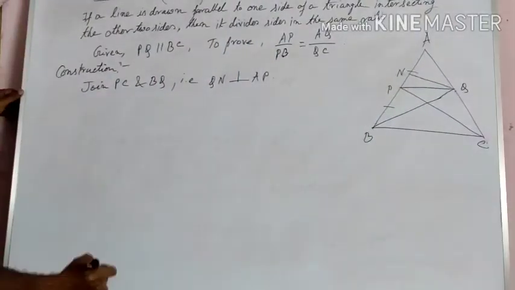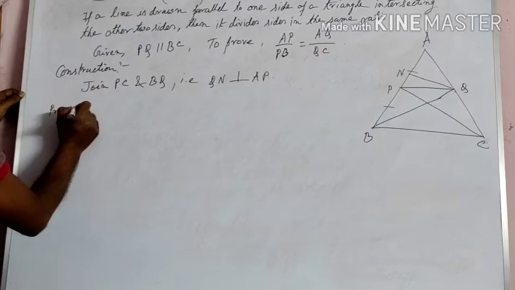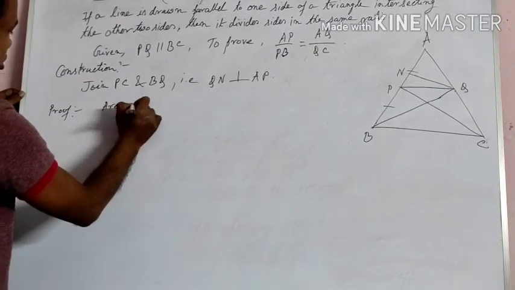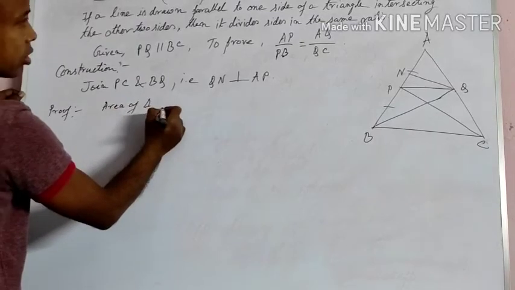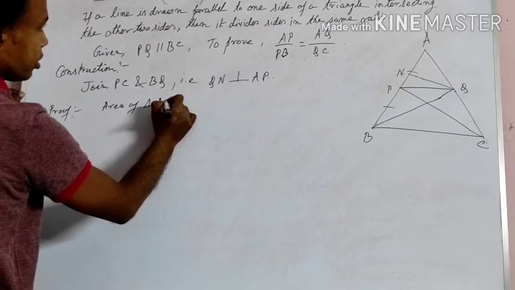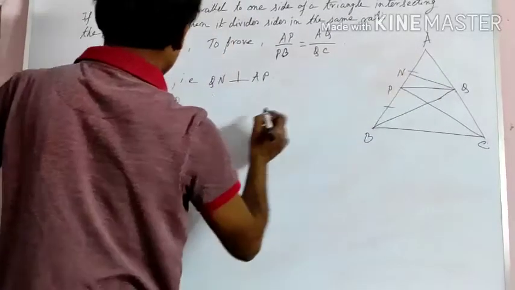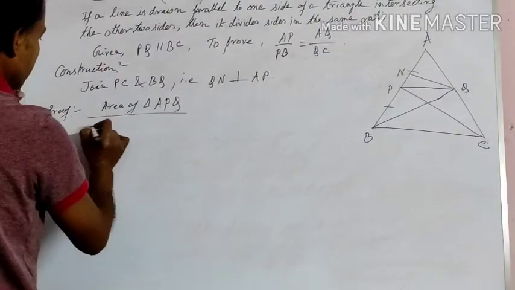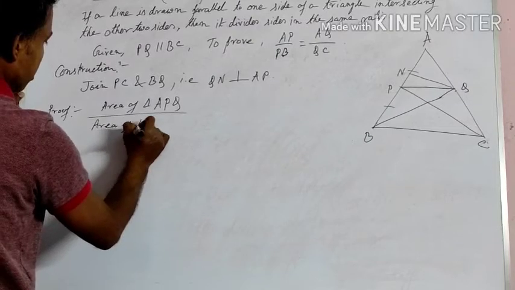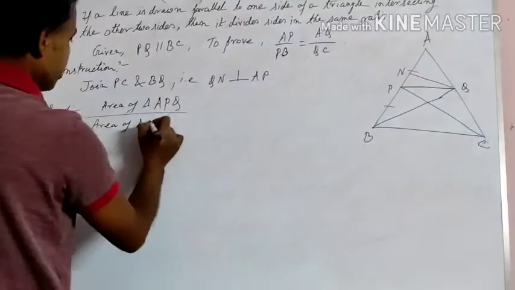Now prove: area of triangle APQ by area of triangle PQB.